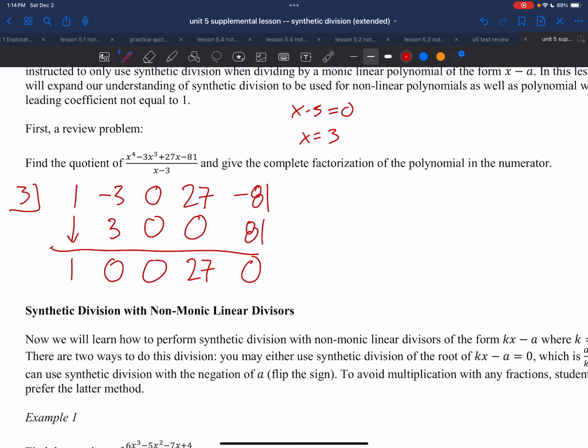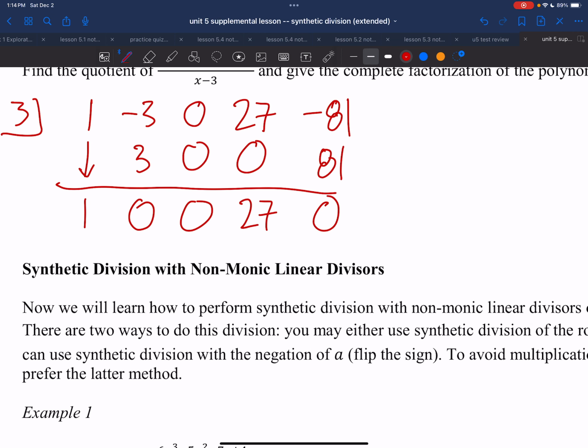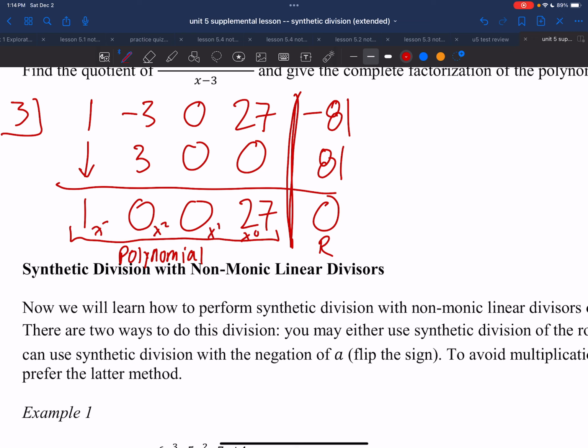And to interpret this result, right, this last column is the remainder. And what's over here is your polynomial, right? And so you have, this is x to the 0, this is x to the 1, x squared, then x cubed.